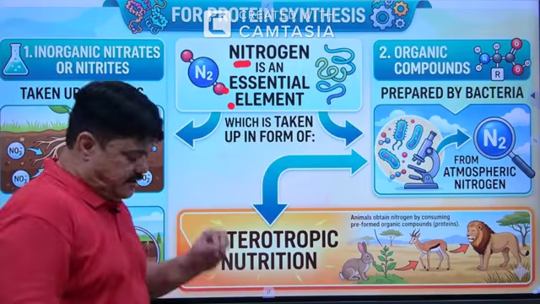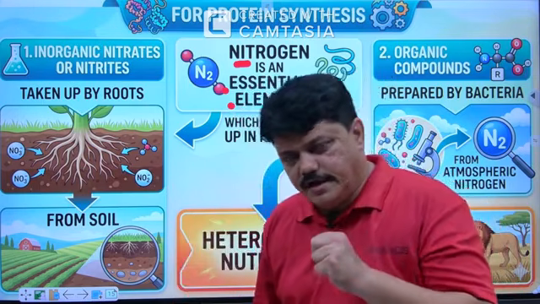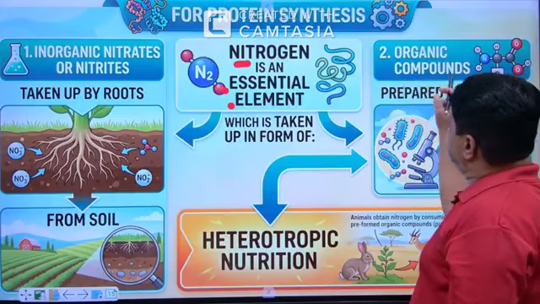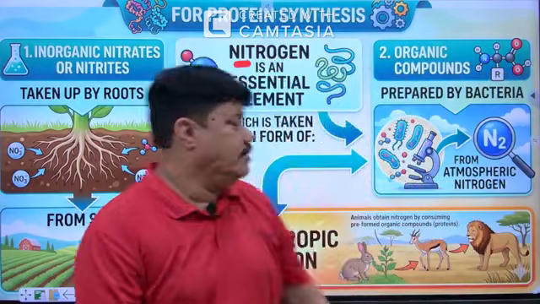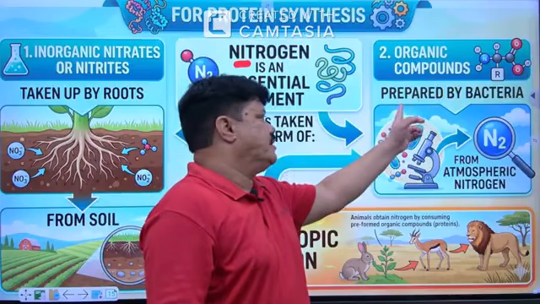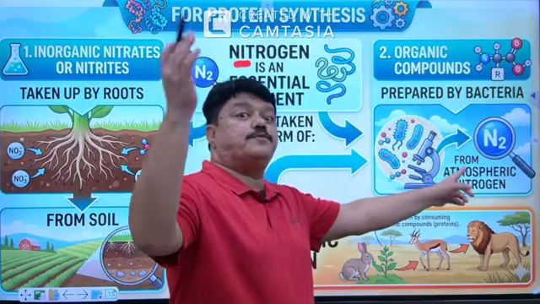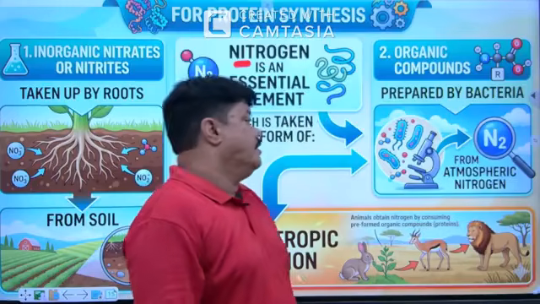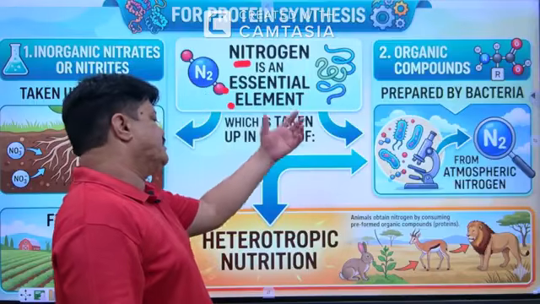So plants can easily get these nitrates and nitrites from the soil, where some bacteria prepare nitrogen-rich organic compounds from atmospheric nitrogen, or N2 gas.